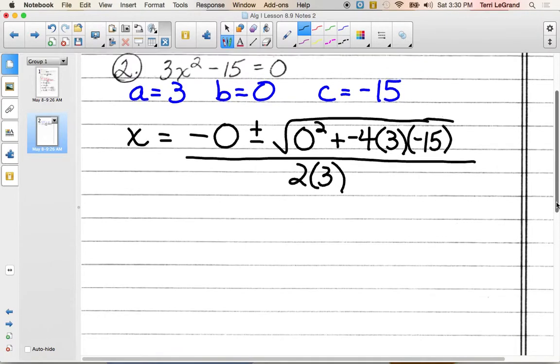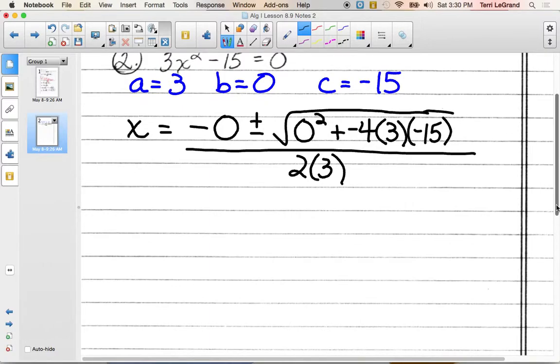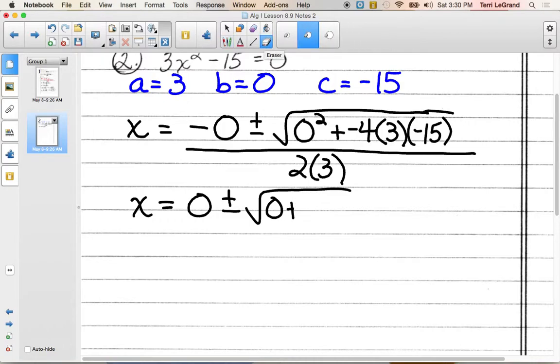So after we have our substitution step completed, now we're going to say, well, the opposite of 0 is 0, plus or minus. 0 squared is 0, plus a negative, it's not going to be negative because we have a negative times a negative here. So we're actually going to have a negative times a negative makes a positive. 4 times 15, that's 60. 60 times 3, that's 180.